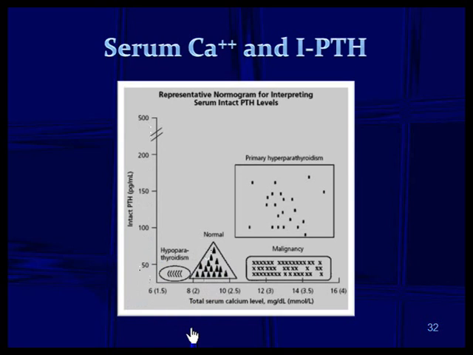So, if it is a case of primary hyperparathyroidism, there will be excess of IPTH, and parathyroid hormone will be in the range of more than 100, 150, 200 picograms per ml, and the serum calcium will be anywhere between 11.5 to 15 or 16. This is the scatter of primary hyperparathyroidism.